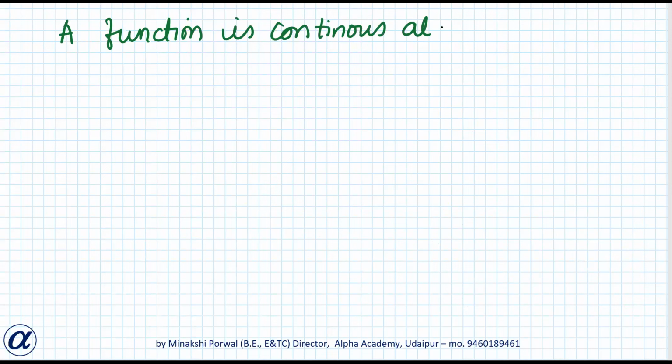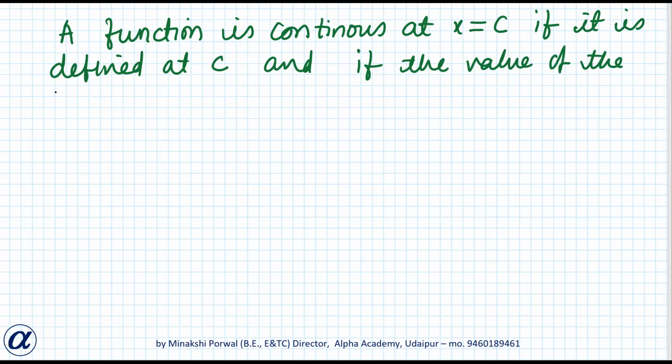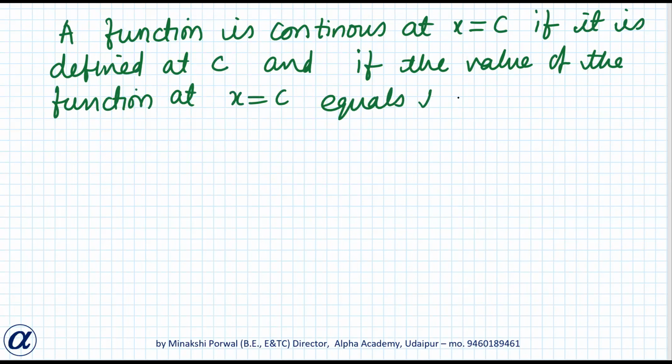Now, so that we have written for x equals 0. Now for general, we can write a general statement that a function is continuous at x equals c if it is defined at c and if the value of the function at x equals c equals the limit of the function at x equals c.